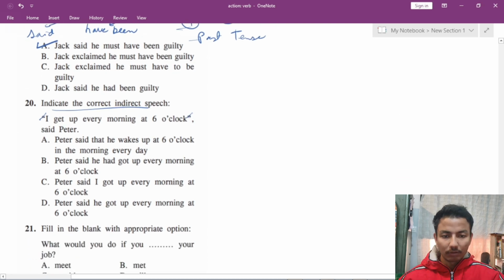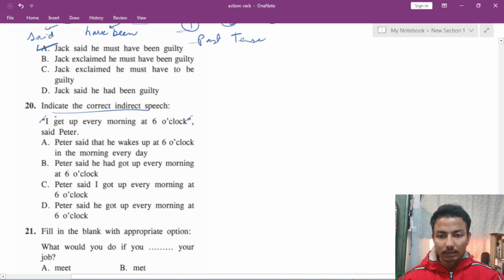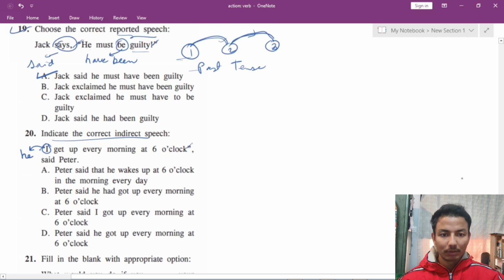So when we keep it like that, I will become he, since I'm talking about someone else and I'm telling it to you. I hope you remember the sequence. Just now I told you, someone told us something and I'm telling the same thing to you.